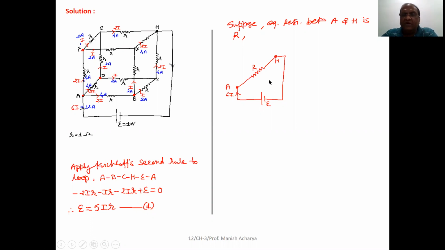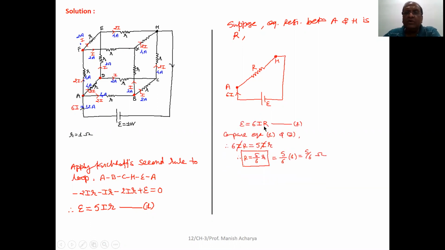So we can write for equivalent resistance R, that E equal to 6IR. Now compare equation number 1 and 2. So 6IR equal to 5IR. So the equivalent resistance of the network between these two diagonally opposite points, capital R, is 5 by 6 small r.